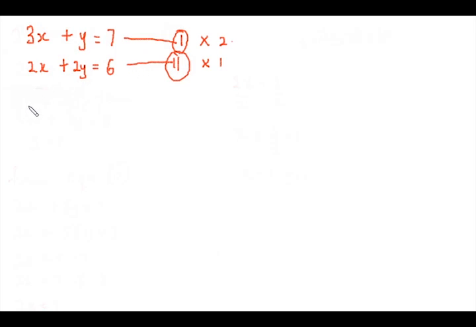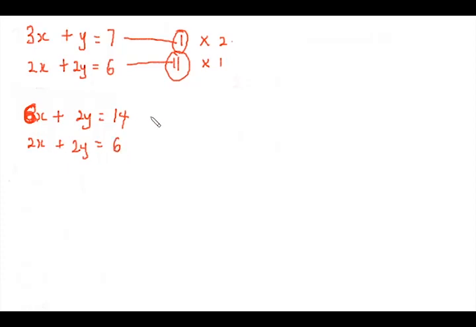So the results would be 6x plus 2y equals 14. And then the result of this one will be 2x plus 2y equals 6.